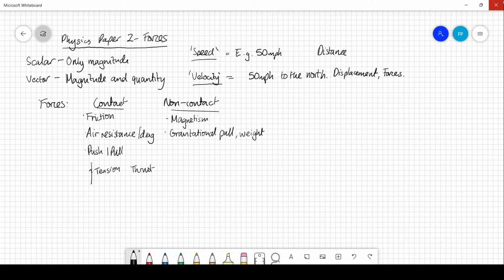The next thing we're going to look at now is the concept of weight. And I'd like to get that down as a title. This is important. Weight is a force caused by gravity. And the thing is, weight and mass are not the same thing.